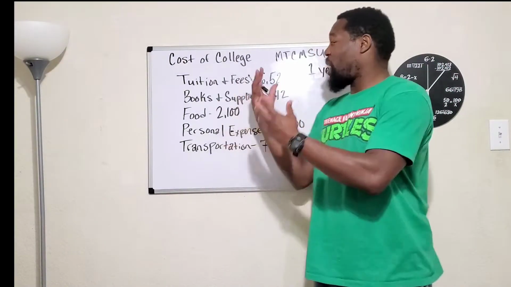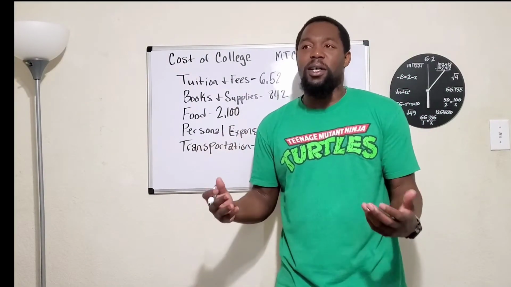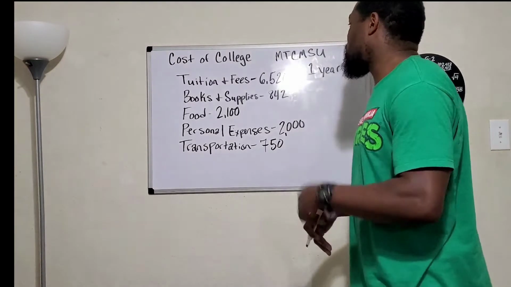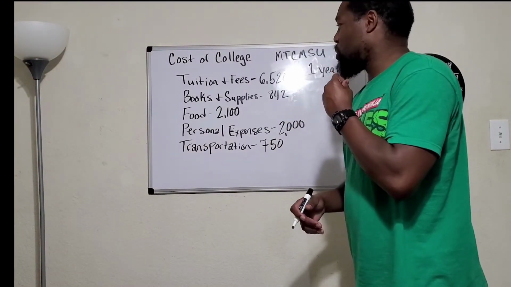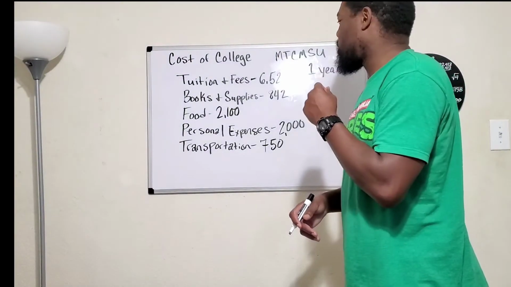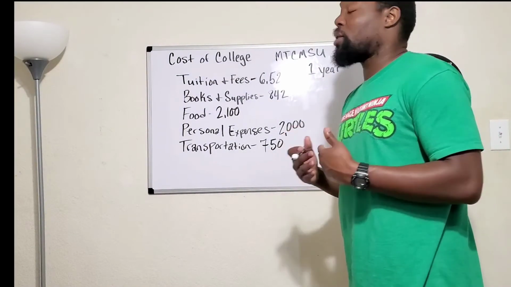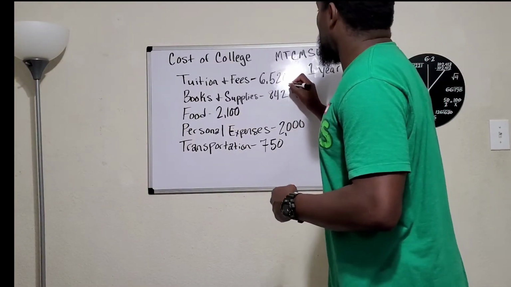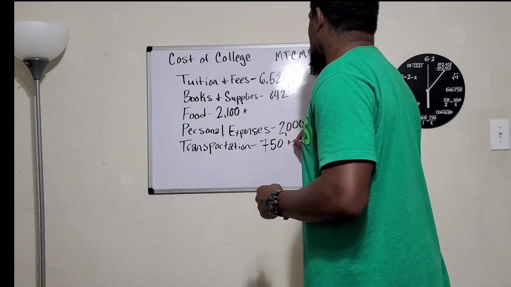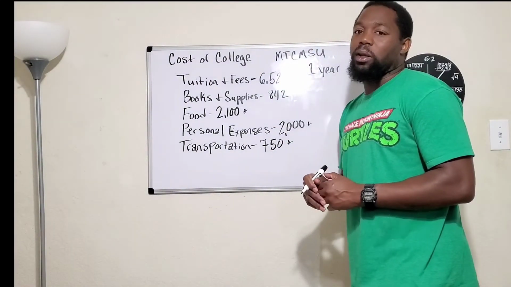Okay, so now we have the numbers behind it. Now, how do we figure out the cost of attending this school with all those numbers involved? Is it multiplication? Is it division? No. Subtraction? No. It's the simplest form of math, to me. It is addition. We're just adding these numbers all together, and that'll give us the total cost for 1 year.